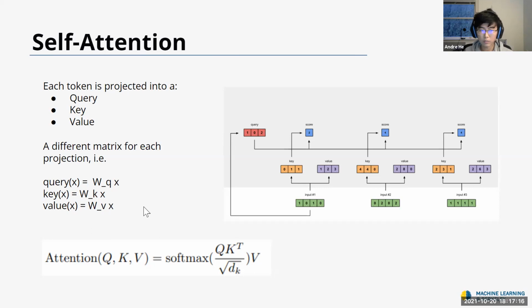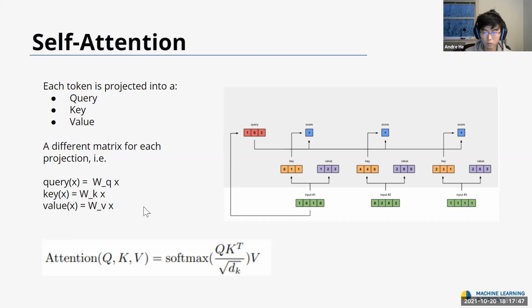And then the other tokens have a key that sort of represents what information I have, right? So the dot product just represents how well of a match the query and the key is. Intuitively you can think of it as a match score between what that token wants to find and what information other tokens have. So you get this dot product between the query and every other token's key. And that will basically be your attention weight.